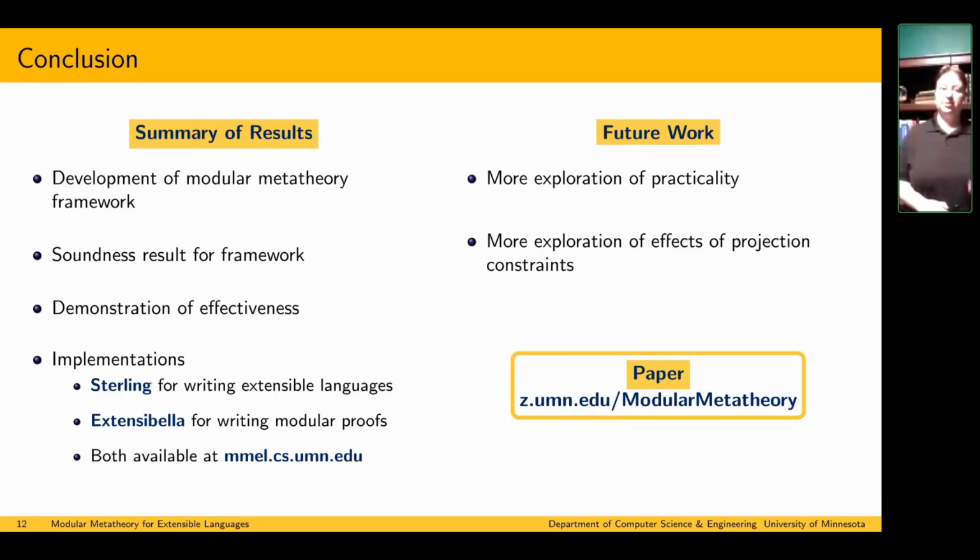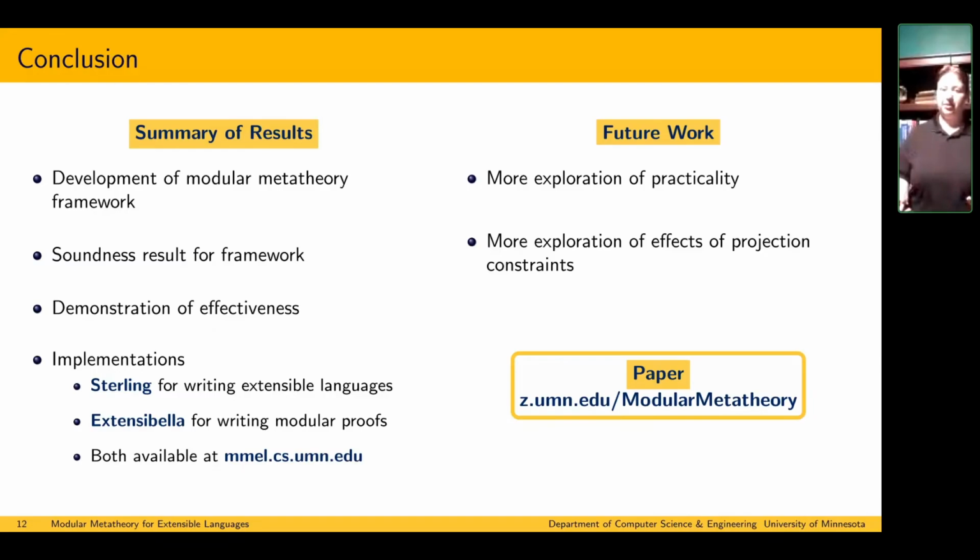So for future work, we have two threads that are really tied together by needing to exercise our framework more. We have some examples of using our framework, but to test whether it's practical, we really need to have larger examples with more properties that we try out. We also need to have more examples testing the effects of projection constraints.